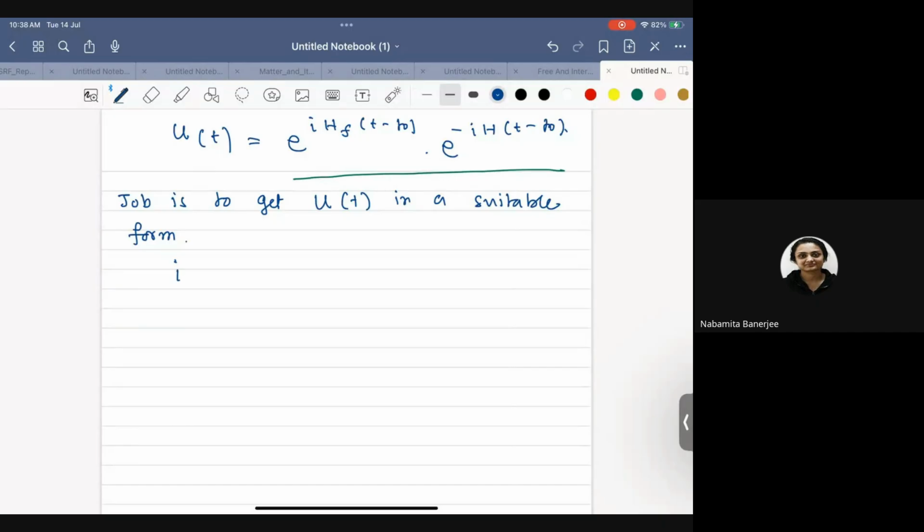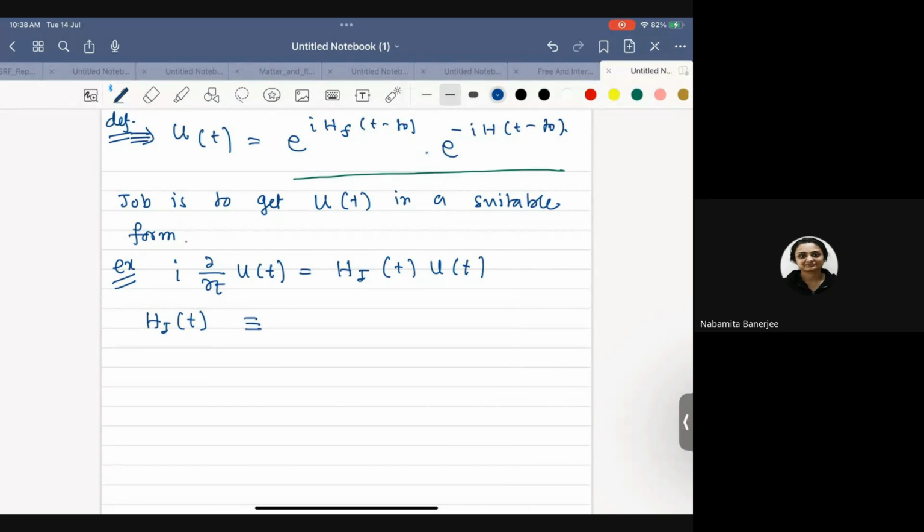So U(t) will satisfy this equation. From this definition, you can check that this is true. i ∂_t U(t) = H_I(t) U(t). Okay, where by H_I(t) I mean this.